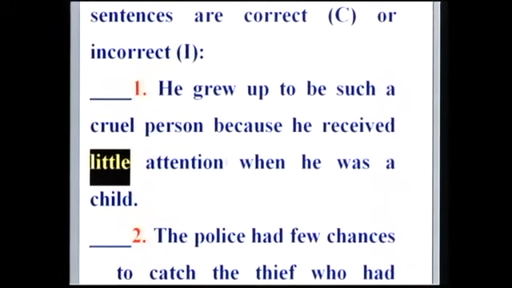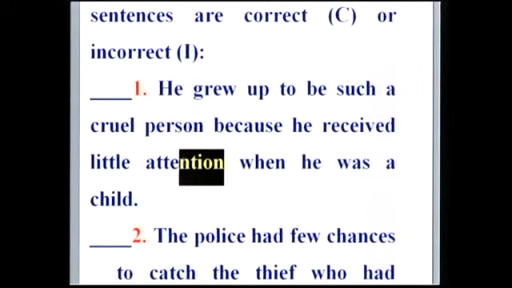Attention is a word which is uncountable. ما بنقولش attentions. يعني معنى الجملة إنه هو كبر إنه يبقى إنسان قاسي لأنه لم يتلقى إلا اهتمام قليل قوي when he was a child. طيب, يبقى this is correct. بقول little attention. Little is used with uncountable nouns. لكن with countable nouns you can use a number.